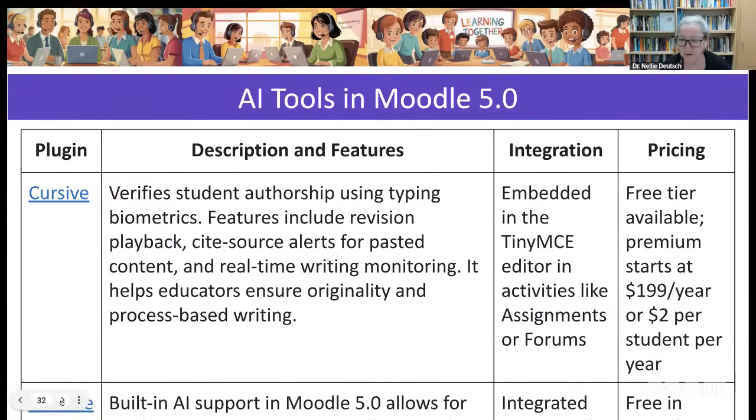There's Cursive. Cursive is free to me, but it costs $199 a year or $2 per student per year. What is Cursive? Cursive verifies whether the student's text is by the student or not, according to typing biometrics. And it really, really works.